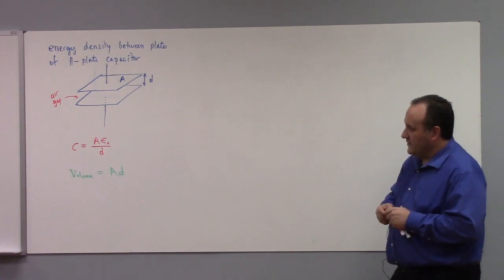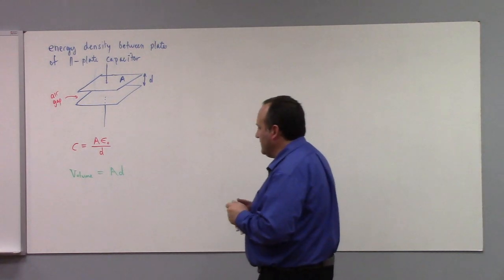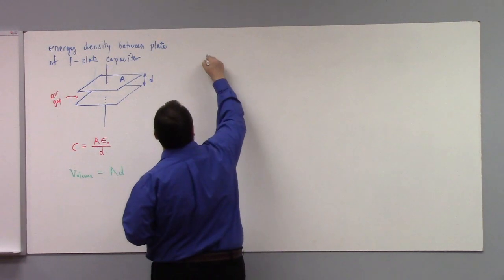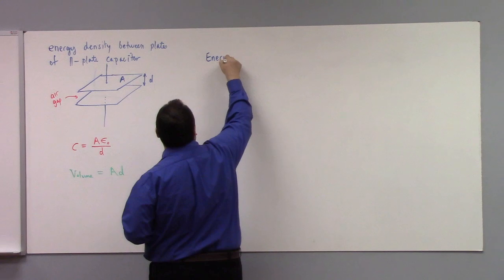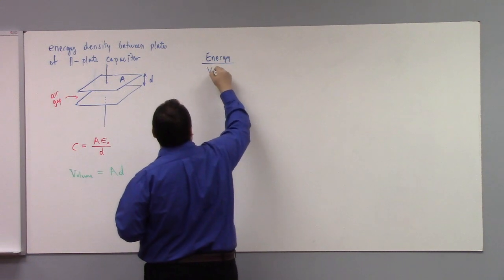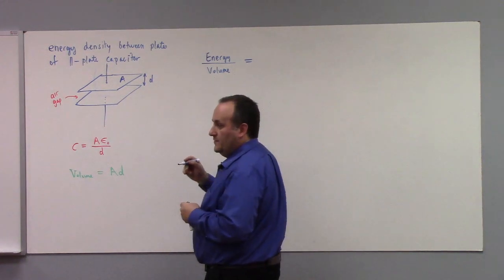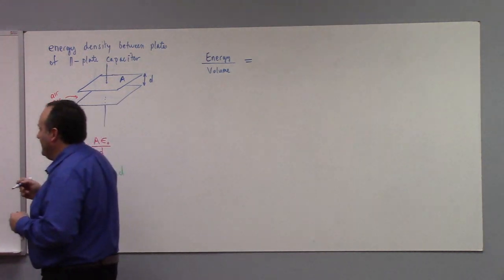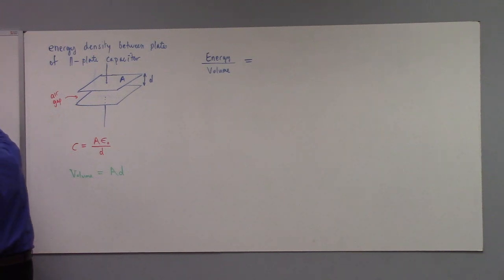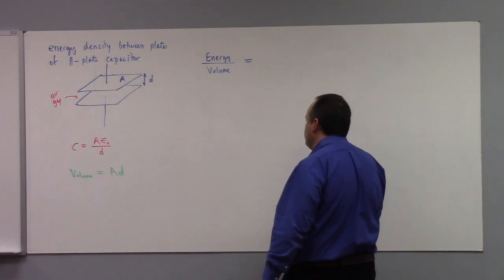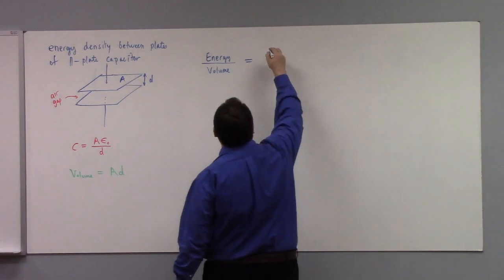So that's the volume. And what's the energy? My question is, what's the energy per volume? That would give me the energy density, right? We could use any one of these formulas for the energy.